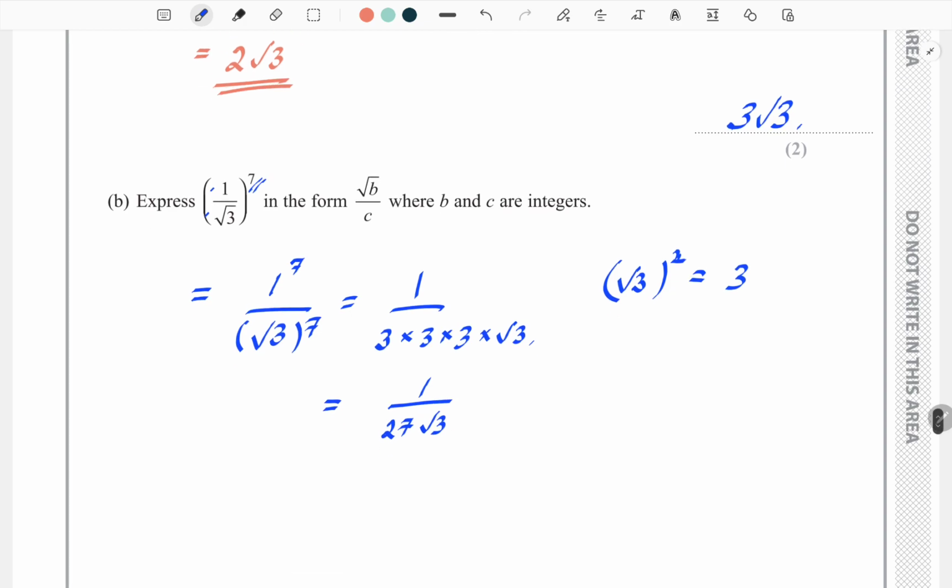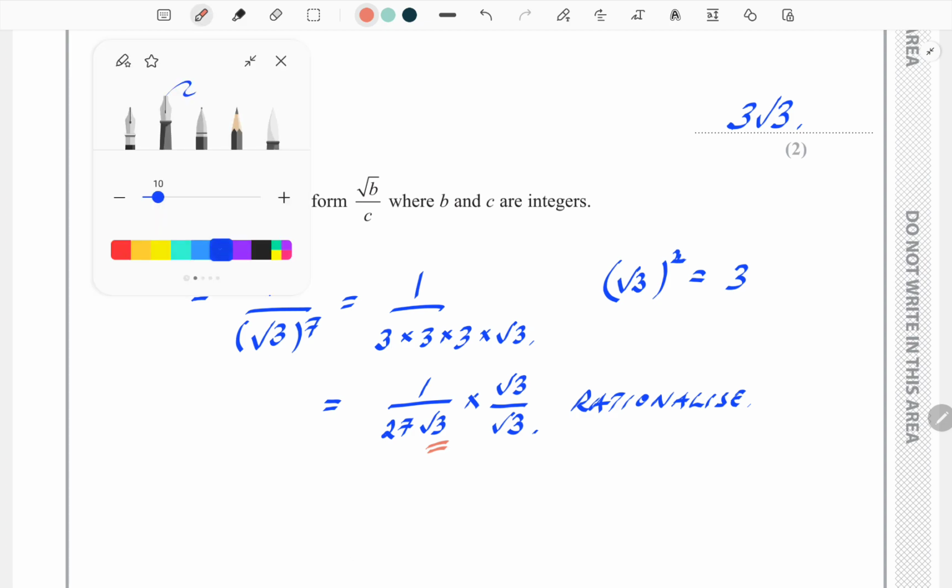And we need to rationalize. So if you rationalize this, you want to multiply top and bottom by root 3 to get rid of the root 3 in the denominator. That's the one we want to get rid of.